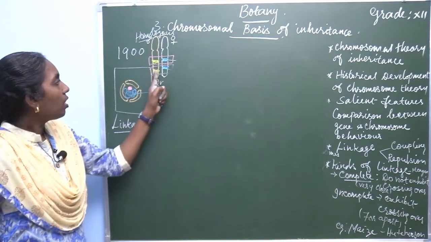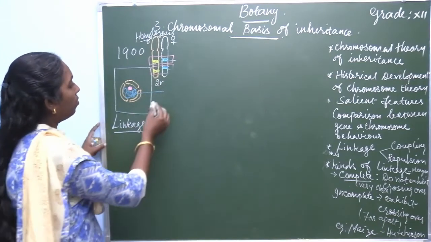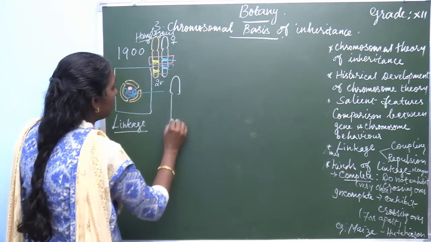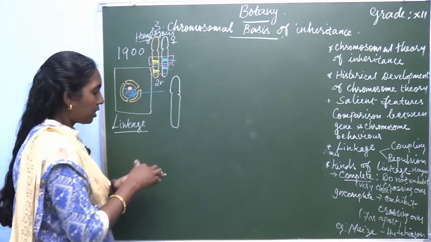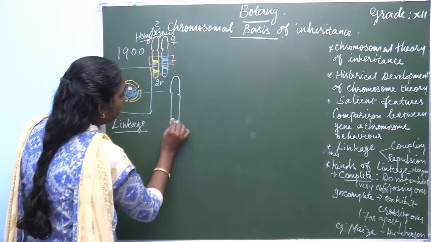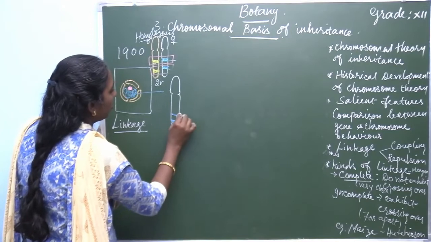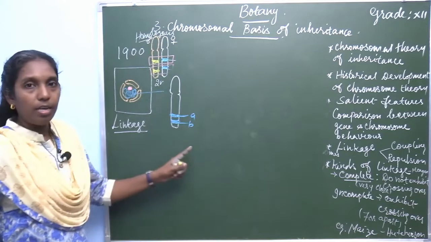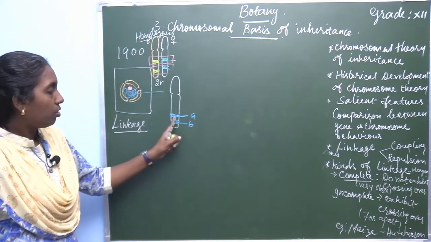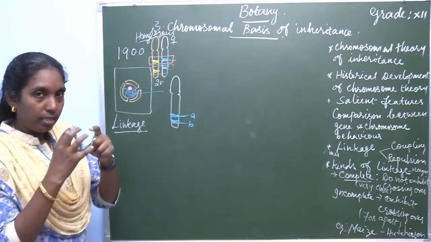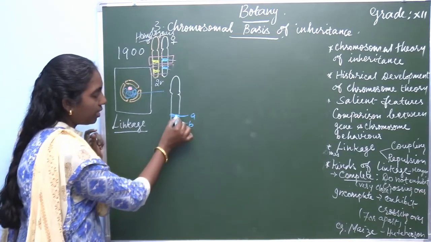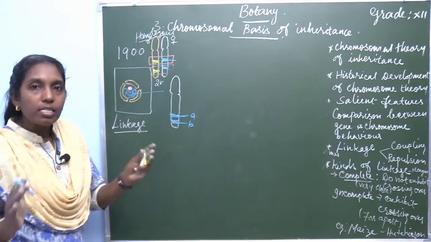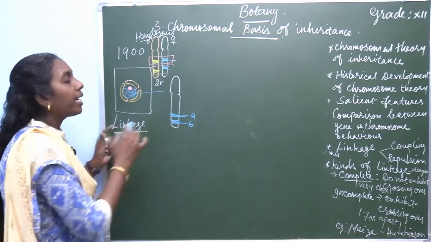Now, linked genes, linkage. When genes are located together on a chromosome, for example, if you take a chromosome that contains 2 genes, this is gene A, this is gene B. These 2 genes are located very close, so they do not assort independently but are inherited together.